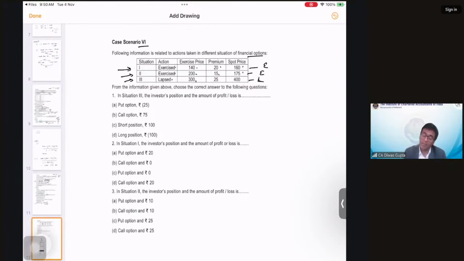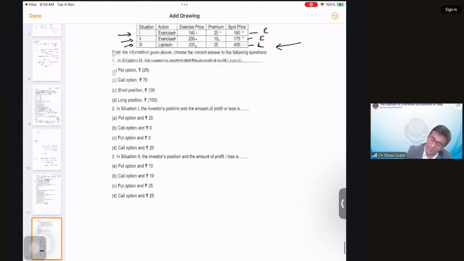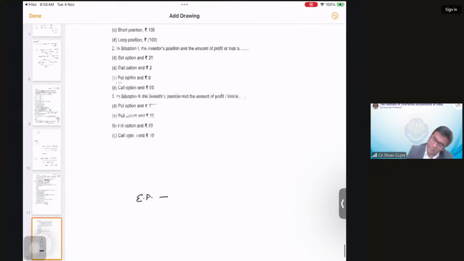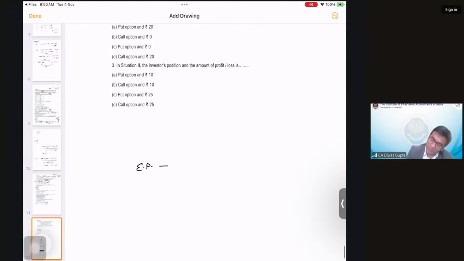In situation 3, now they're talking about situation three first. The investor's position and the amount of profit or loss is how much? Now, situation 3: exercise price is 300, spot price is 400.